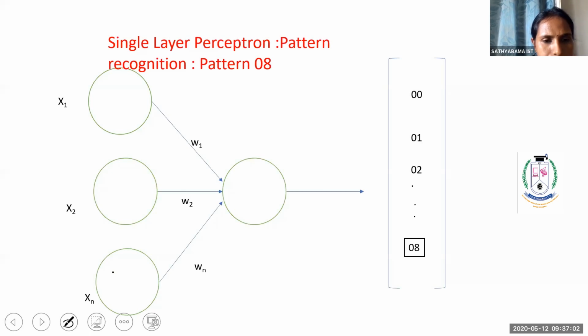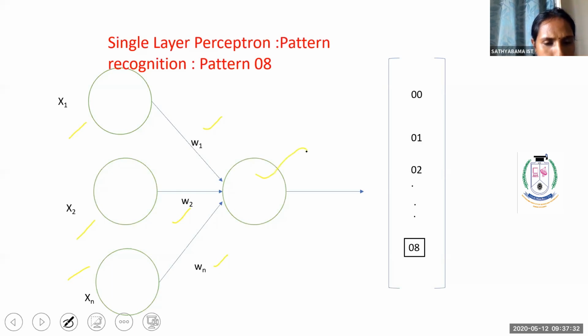It will take the pixel values: 28 into 28 pixels, so 784 pixels. These pixel values are given to all your input neurons. Now the associated weight values are also given. Along with the associated weight values and the input pixel values, they are given to your processor unit.